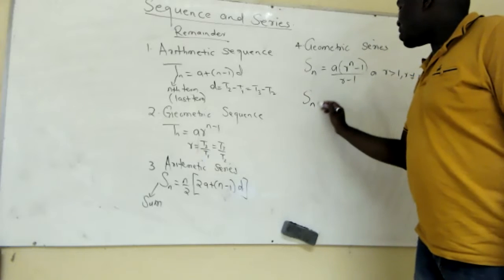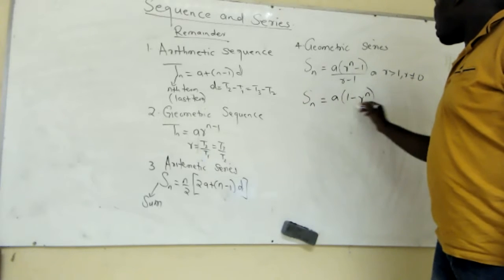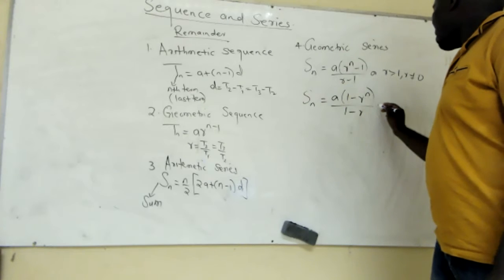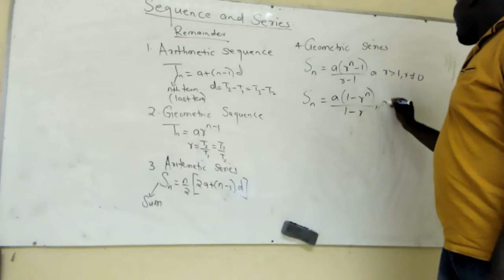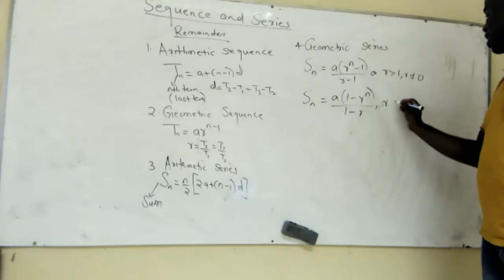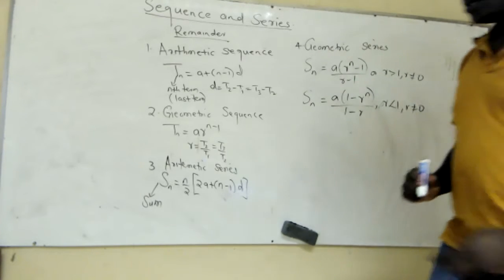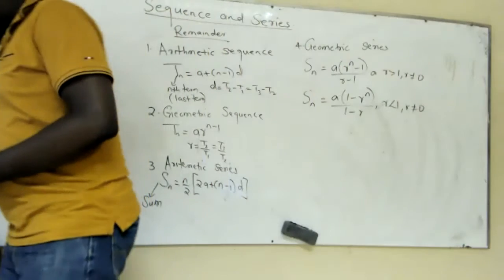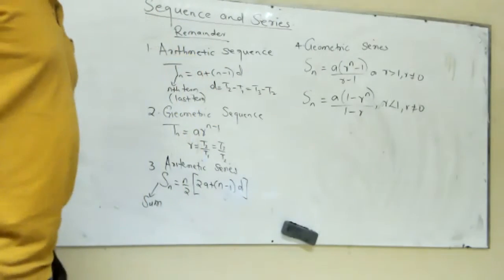And then the other formula is Sn equal to a times (1 minus r to the power of n), all divided by 1 minus r, where r must be less than 1, but r must not be equal to 0. These are the conditions which you must remember. We have covered this already.